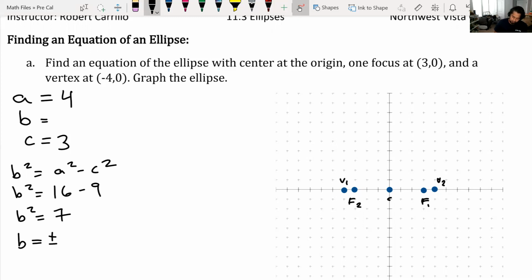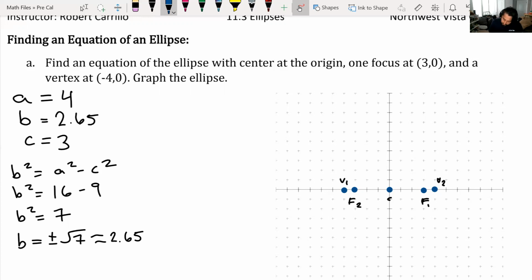and B would be the square root of 7. Yes, we would get plus or minus. And since we have to graph this, we need to know what the square root of 7 is. 2.65. Okay. And now, this means to plot our minor points, you're going to go up 2.65.